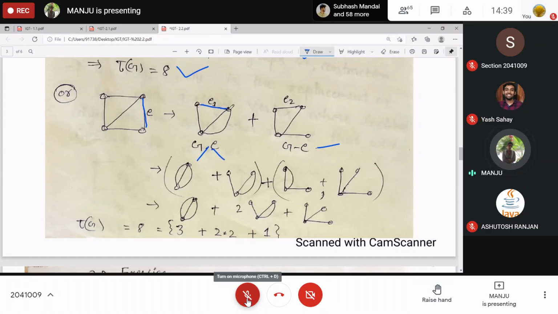You can take this edge or this edge, exclude it from G, and contract it, and you are getting this one. And from here, this edge or this edge, anything you can take, but don't try to take this edge, otherwise one graph will be disconnected and another will be just C3.